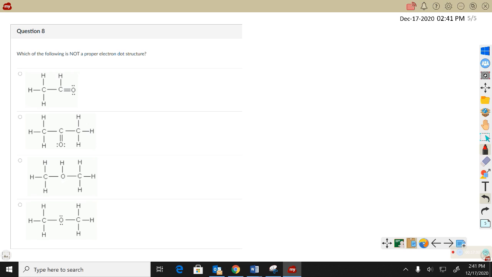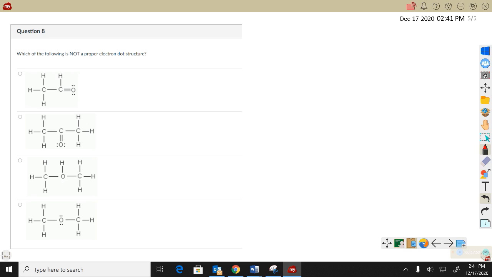So for example, in this top structure, oxygen is good. He's got 2 double bonds. That would count for 4 electrons, and then 2 lone pairs. 4 and 4 is 8. My carbon are good. 2, 4, 6, 8, 2, 4, 6, 8. And my hydrogen have a single bond. That would be 2 electrons.